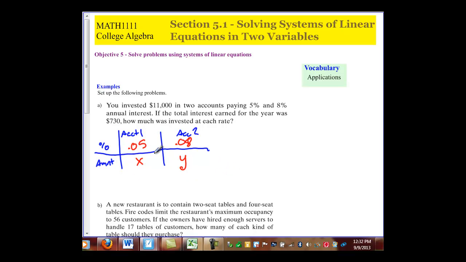And we know that if we take this 0.05x and then add the 0.08y, so 0.05x plus 0.08y, this is the interest at 5% plus the interest at 8%, is going to give us $730.